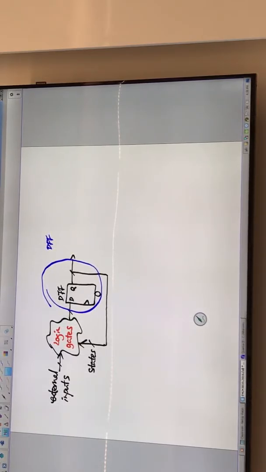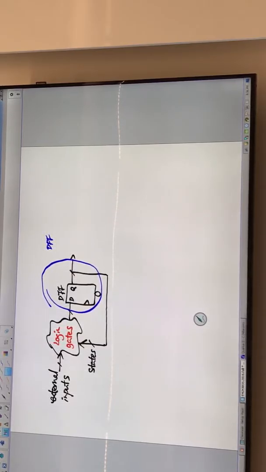So right now you look at this generic template. Each flip-flop has its input plus a bunch of gates. If you have, say, 3 flip-flops, how many copies of these do you need? 3.